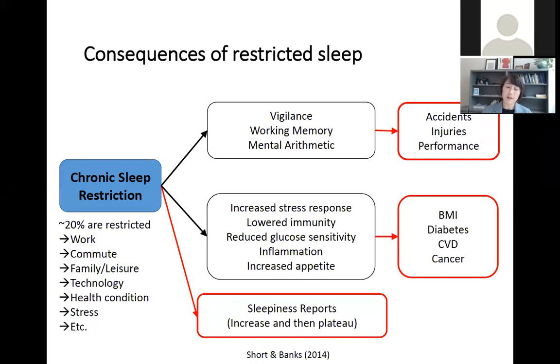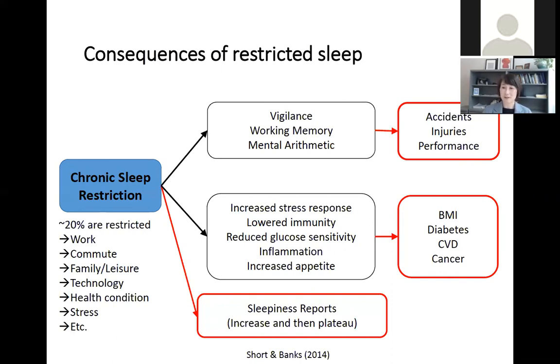So if you're chronically sleep restricted, the literature shows that you are going to have an increased stress response, so you're more likely to be activated physiologically and emotionally in response to stressors in your environment. You have lowered immunity, so you're more likely to catch a cold or a virus. You have reduced glucose sensitivity, which is a risk factor for diabetes, higher rates of inflammation, and also an increased appetite as well.